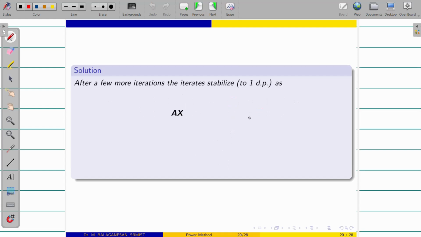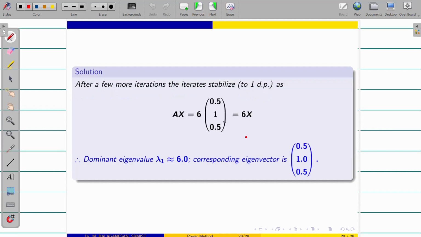I think it's going to converge. After a few more iterations, try to practice one or two more iterations, you will get again the repetition 6. So therefore, dominant eigenvalue lambda 1 is equivalent to 6, and the eigenvector will be this.